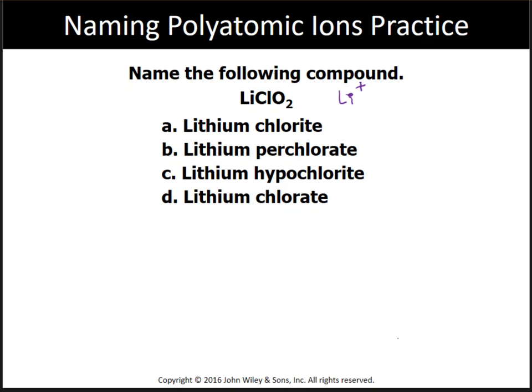So now if lithium is positive 1, it means that ClO2 is a negative 1. Now when you put them together, you want 1 of each in order to balance the charge. Now ClO2 negative 1 is called chlorite. So to name this, this is going to be lithium chlorite.